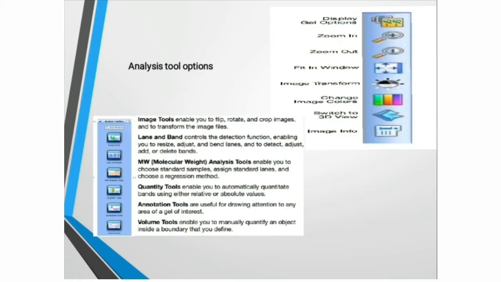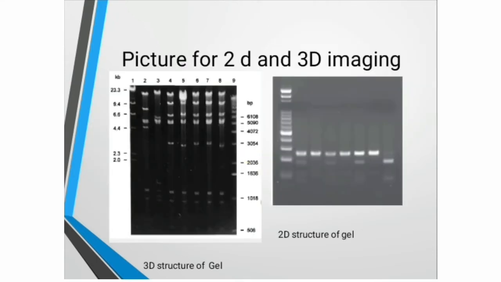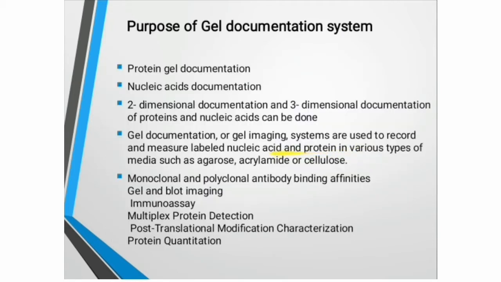Quantity tools enable you to automatically quantitate bands using either relative or absolute values. Annotation tools are useful for drawing attention to any area of the gel of interest. Volume tools enable you to manually quantify an object inside the boundary that you define. This is the 2D and 3D imaging of a gel.